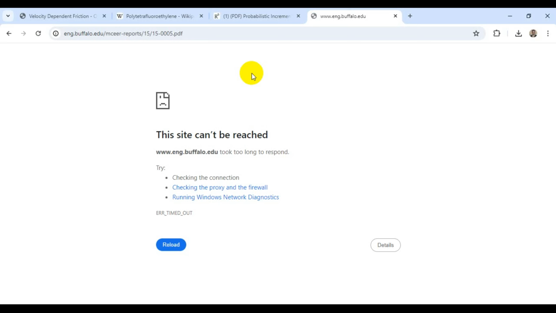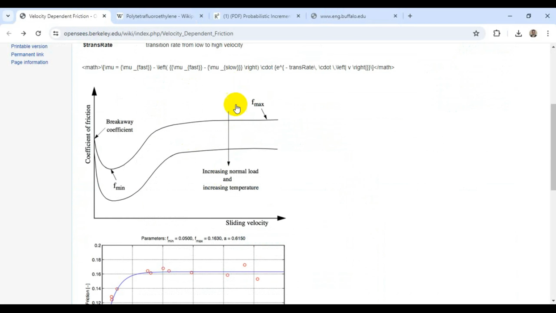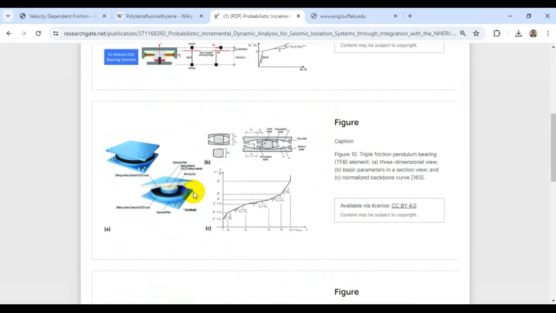So the PTFE that I mentioned here, or Teflon, this material basically exhibits significant velocity dependence in its friction behavior, and it's crucial in engineering for two main reasons.